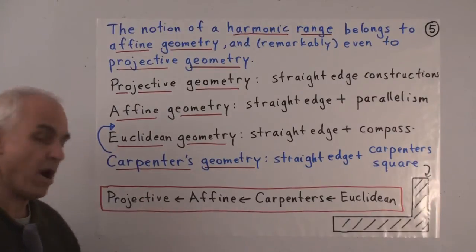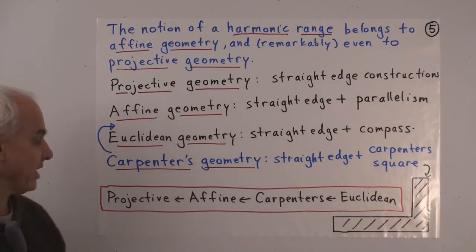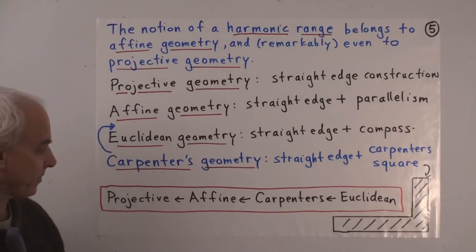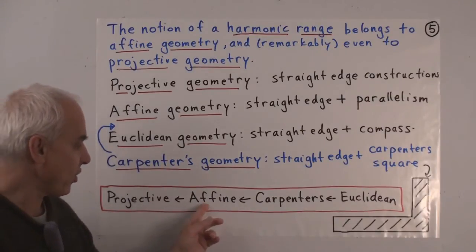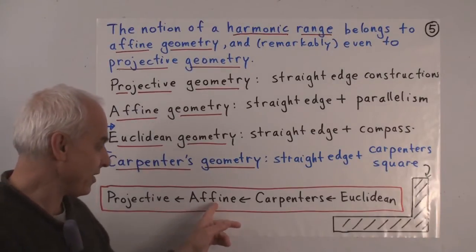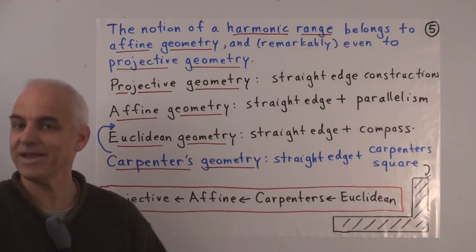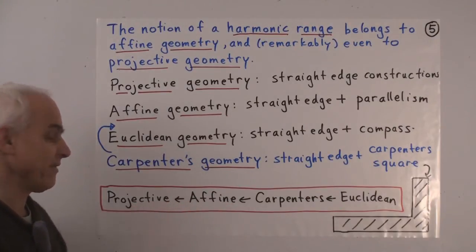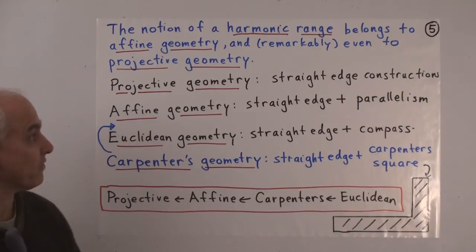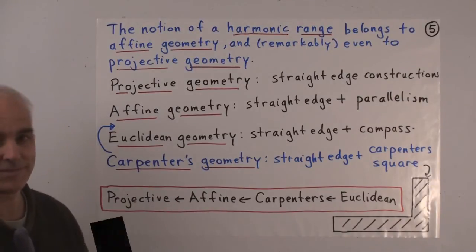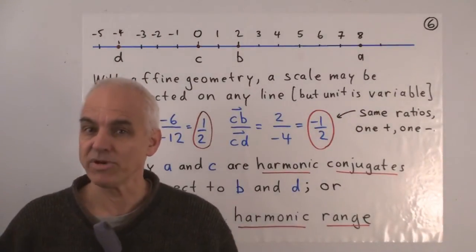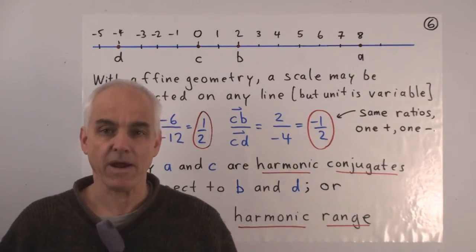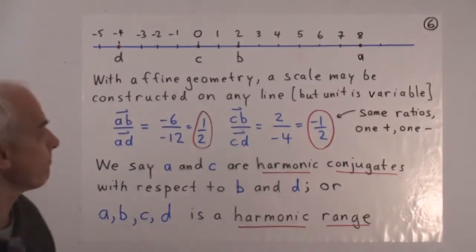And this notion of harmonic conjugates or harmonic range is also ultimately in projective geometry, even though the way we've defined it, it actually appears to be in affine geometry. It's a very profound fact that it actually is really living in projective geometry, this notion of a harmonic range of points. So let me explain a little bit more precisely, what do we mean by a harmonic range of points, or what do we mean by harmonic conjugates?